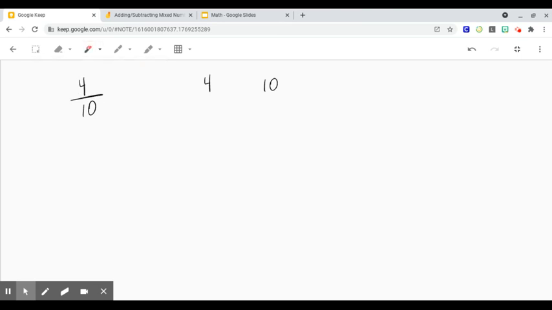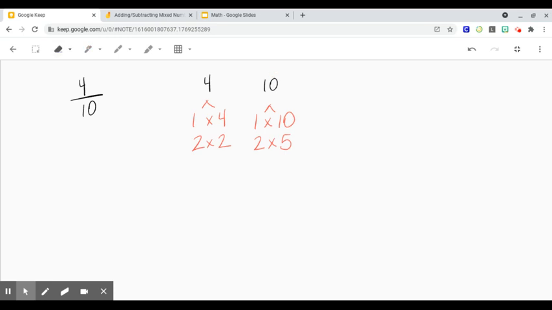Factors, remember, are numbers you multiply together to get a product. So if my product is 4, let's think of some factors, or numbers we can multiply together that equal 4. 1 times 4 is 4. 2 times 2 is 4. Now let's list the factors of 10. If 10 is the product, what numbers can I multiply together to equal 10? 1 times 10 is 10. 2 times 5 is 10.